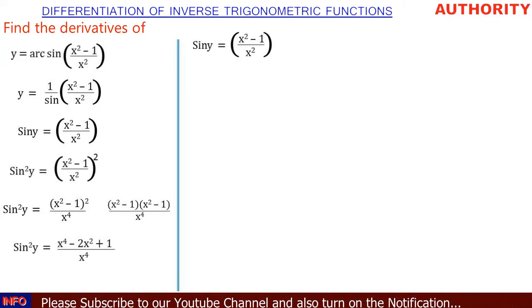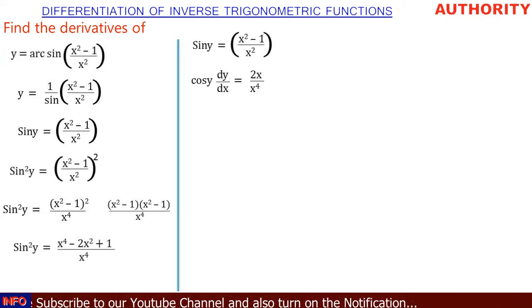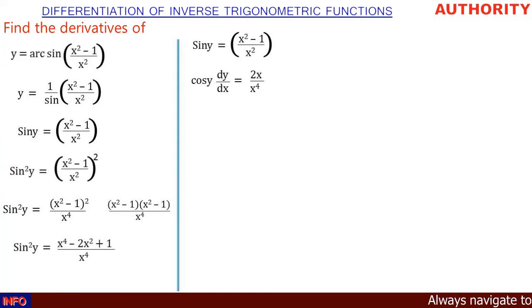When we differentiate sine y with respect to x, we're going to have cos y dy all over dx equal to, when we differentiate (x squared minus 1) all over x squared using the quotient rule, 2x all over x raised to power 4. You get it right? Please, I want you to pick a sheet of paper and apply the quotient rule to differentiate this function. It's going to give you 2x all over x raised to power 4.